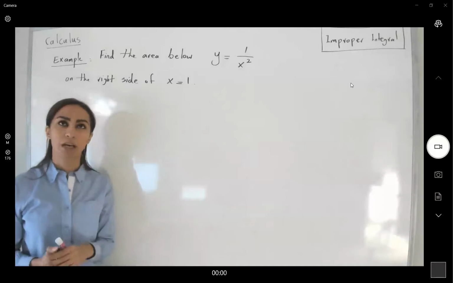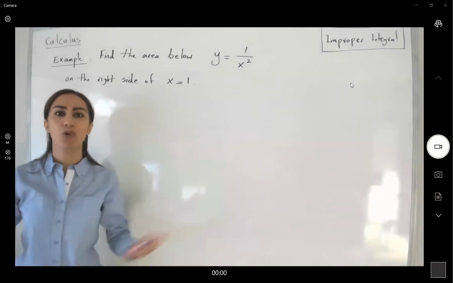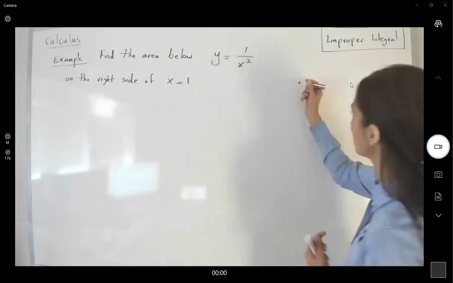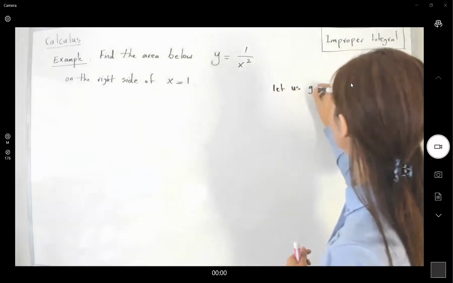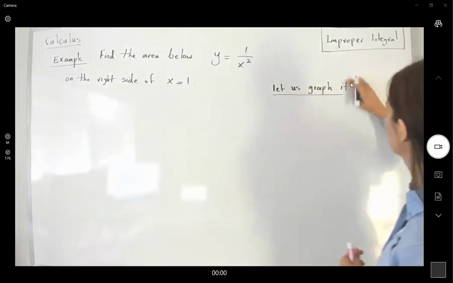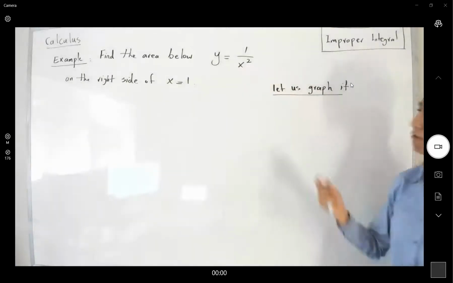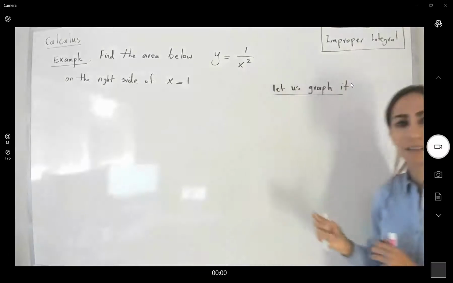Very well. When it comes to integrals, our very first step is to visualize what we are dealing with. So let us graph it first. This is our function, 1 over x squared, and we are just dealing with the right-hand side of the graph.